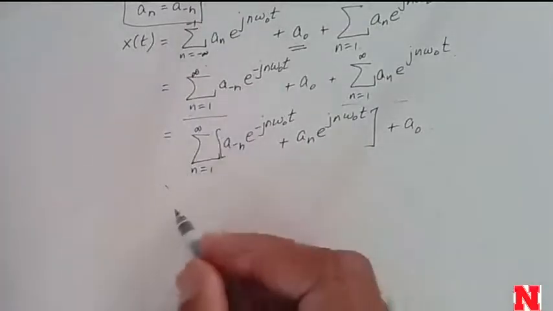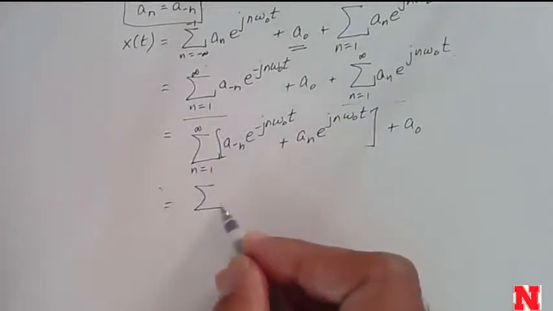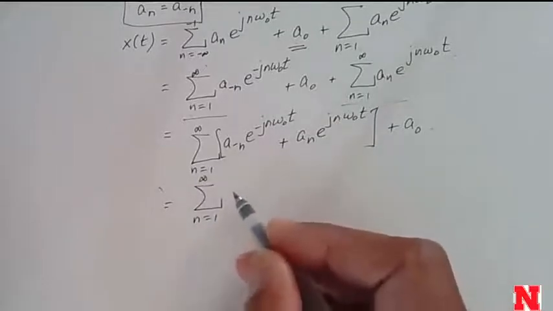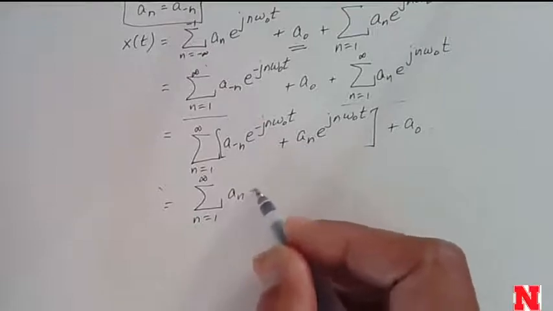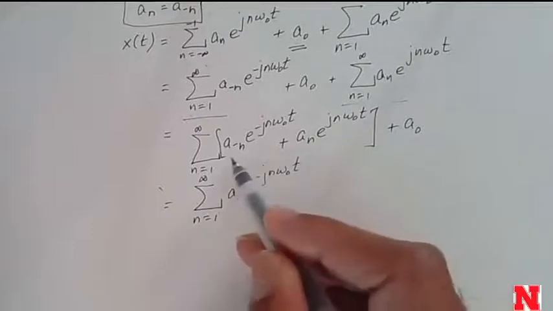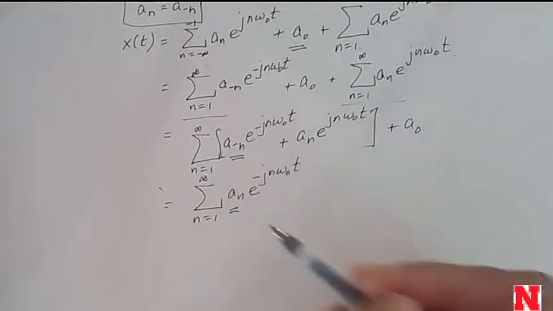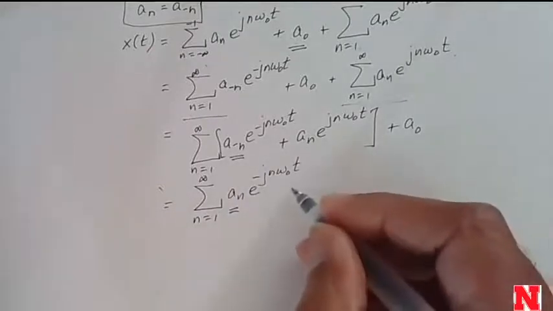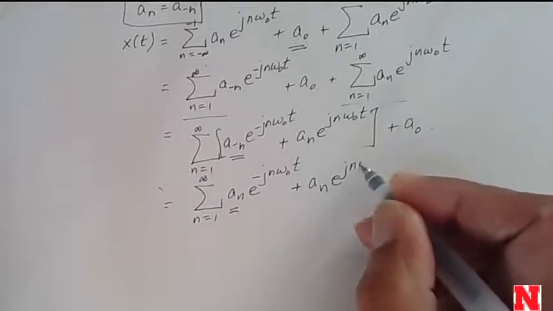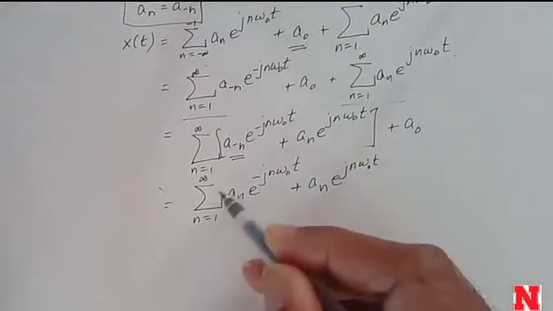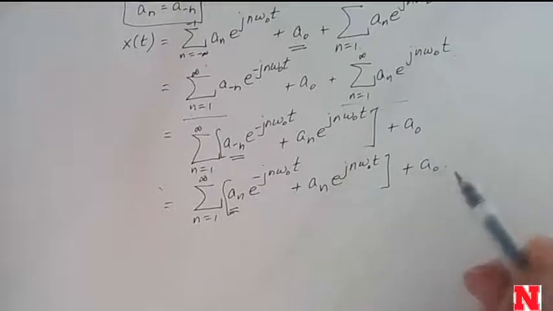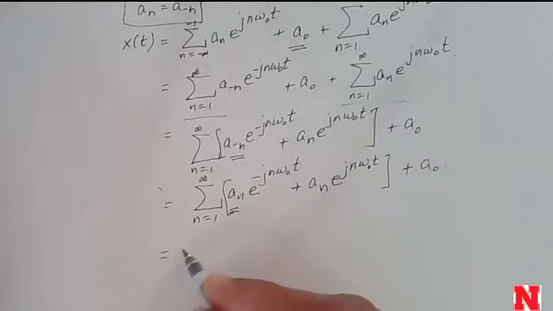So this becomes the summation n equals 1 to infinity a sub n e to the minus j n omega naught t, plus a sub n e to the j n omega naught t. All I did was take this a sub minus n and replace it with a sub n, and then I have the a0 out here. Actually, I'll put the a0 in the front now.